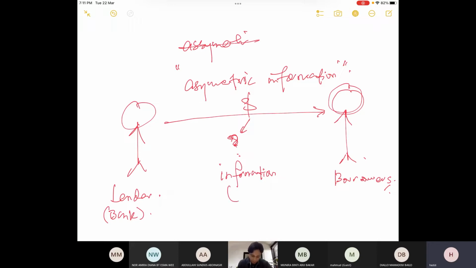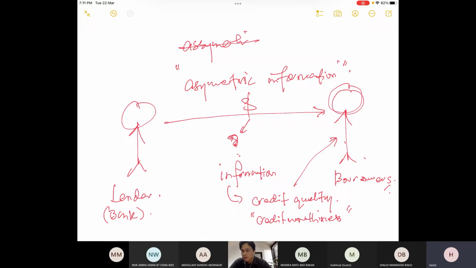So this information is about the credit quality, or we usually term it as the credit worthiness of this borrower, right? In other words, to put it simply, as a lender I need to know whether this borrower will be able to pay me back.